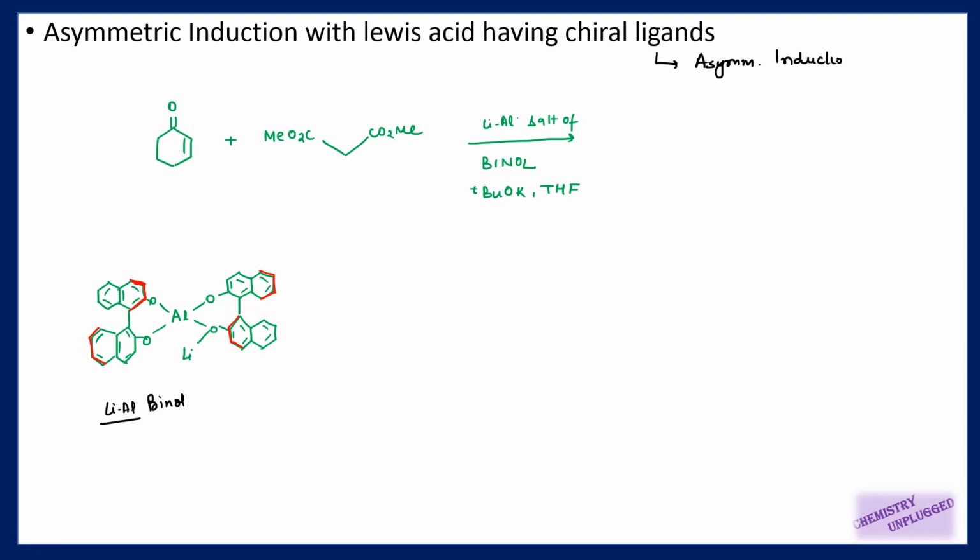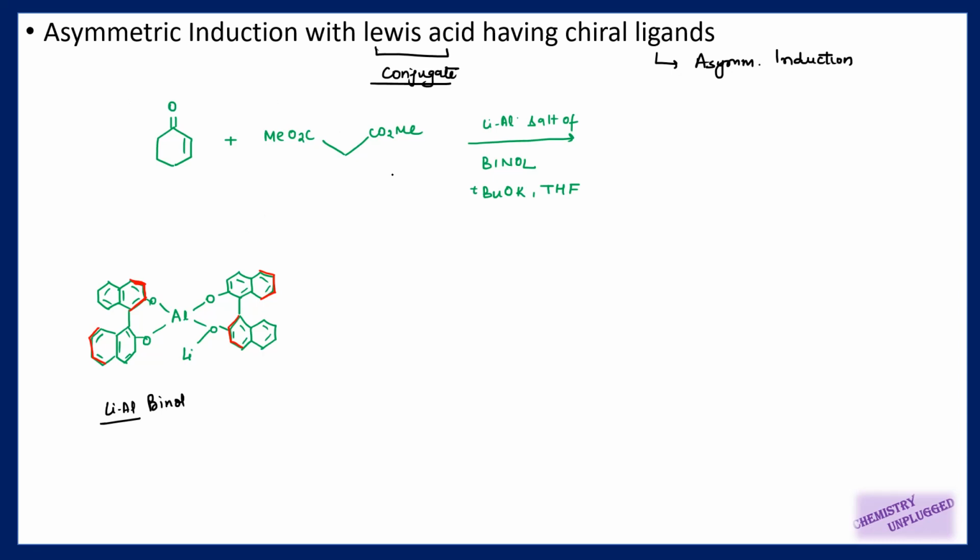Asymmetric induction, and this Lewis acid, this lithium aluminium salt, causes conjugate addition. This is a very important point because now you know that they will induce chirality in the reaction.